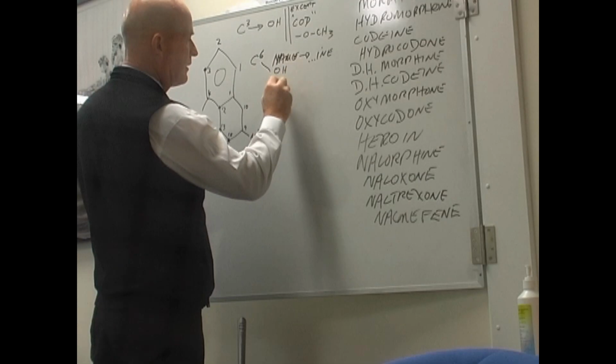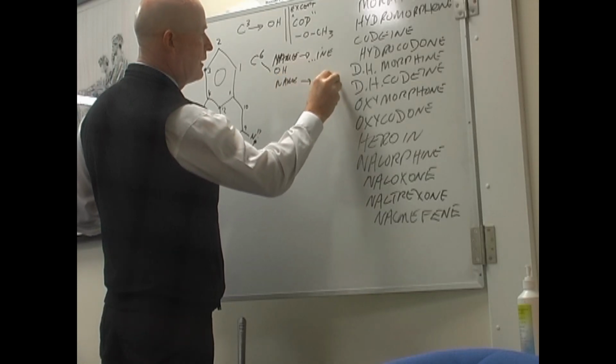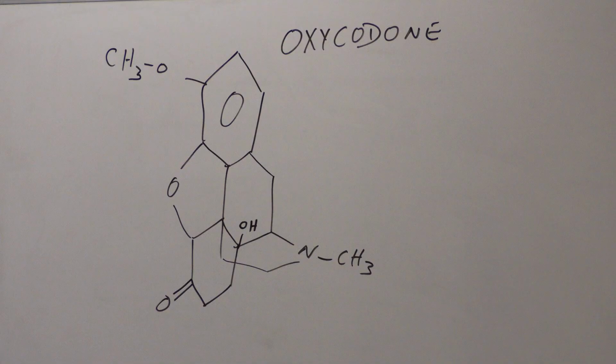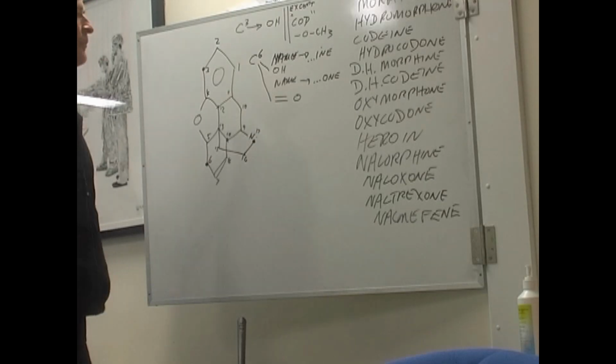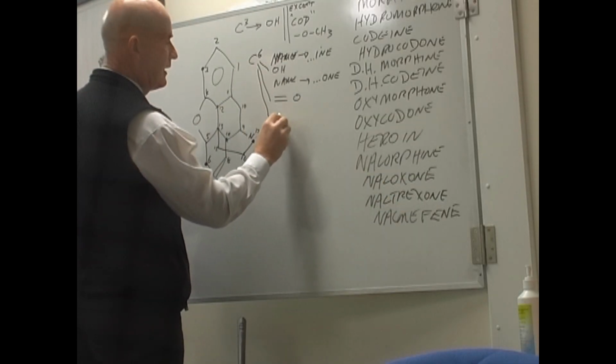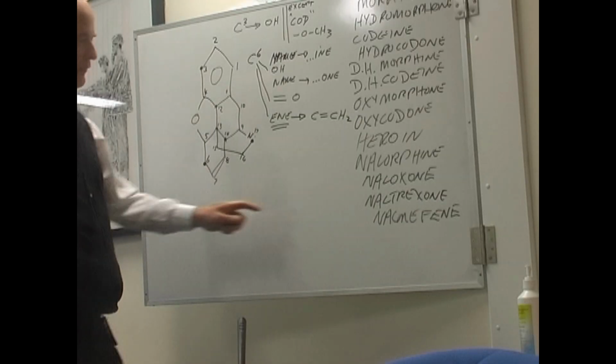If the name ends in ONE, then C6 will have a double bond O on it. And there's a single exception with nalmorphine. If it ends in ENE, just like all the alkenes, then it's a C double bond CH2. So you have a double bond CH2 coming off here for nalmorphine.